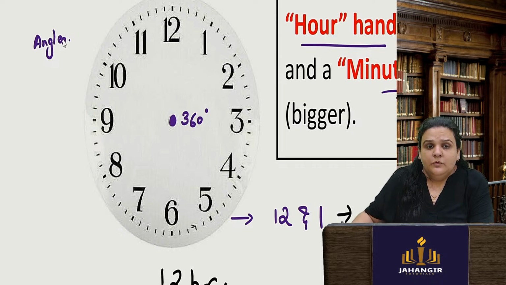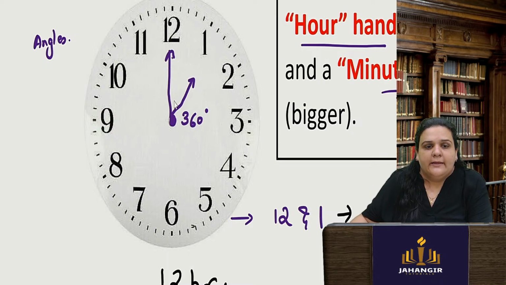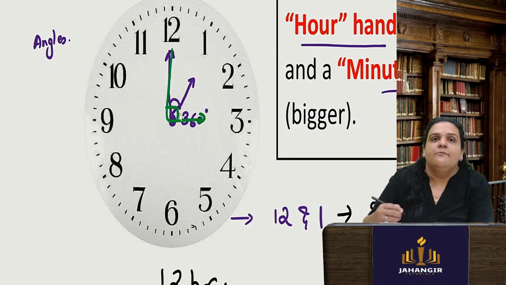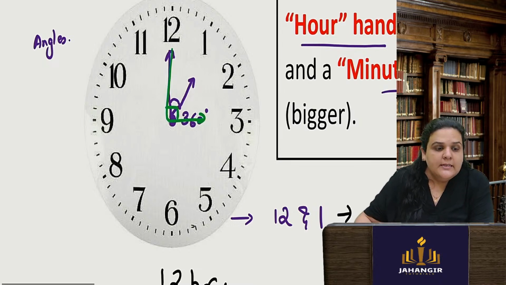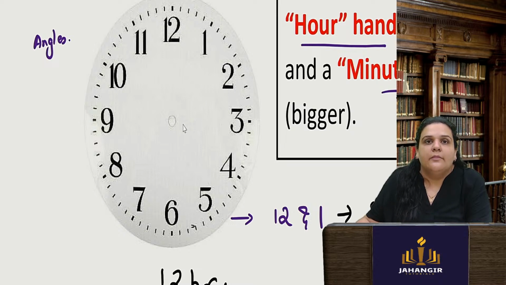So one is the minute hand and one is the hour hand. Whenever they are moving in the clock, they form a particular angle every time. So in the exams, in the logical reasoning of clocks, they are going to ask you a lot of questions on the angles.